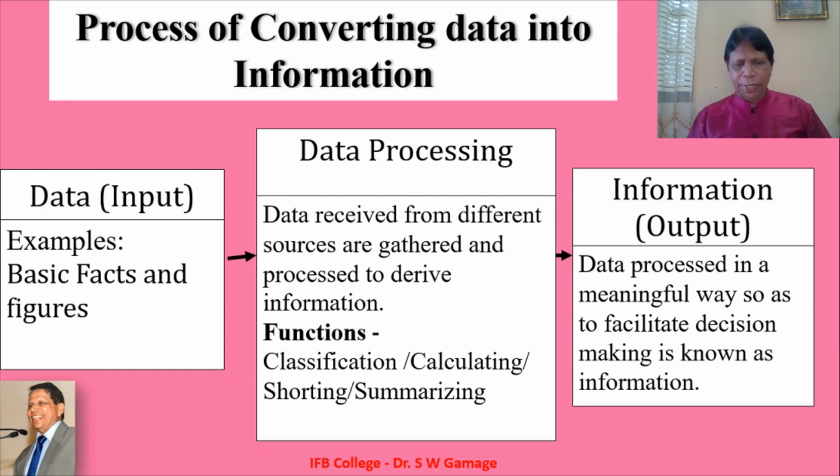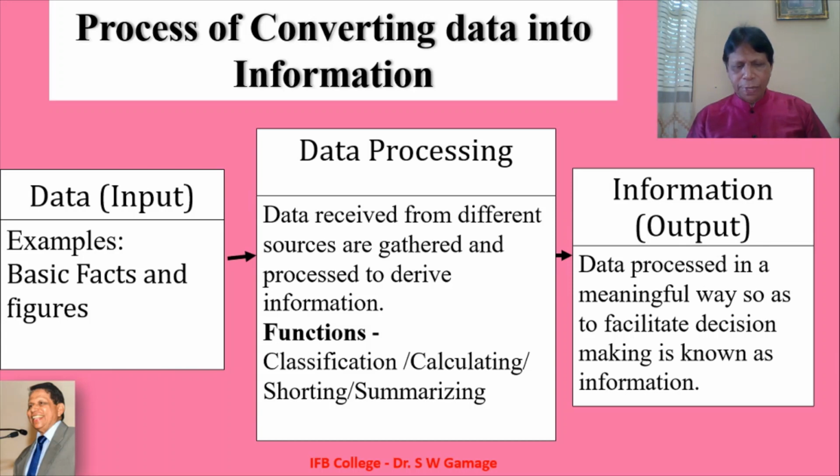Then what is an information system? Information system means considering information as a valuable resource, by collecting, processing and storing it, and later using it for decision making. All these activities we call an information system. Then you must know the difference between information system and information technology.